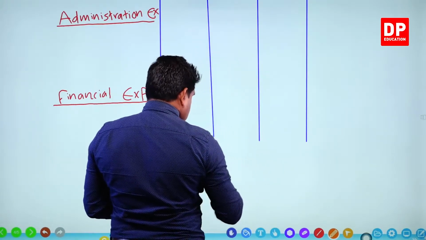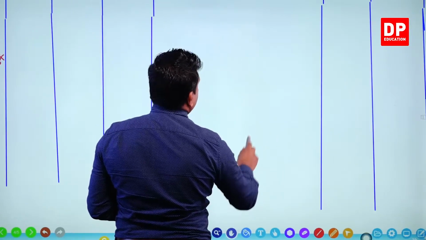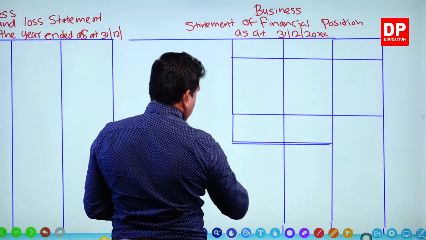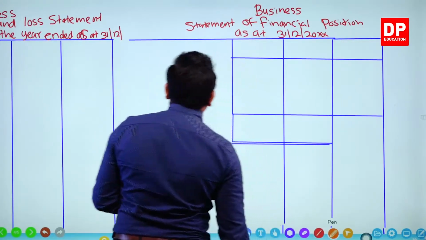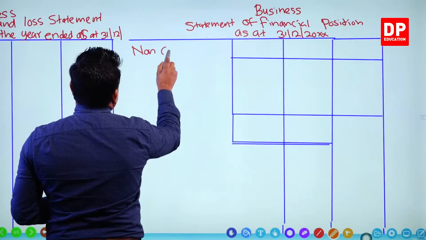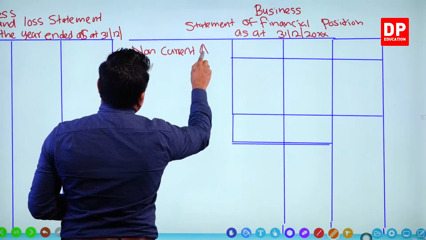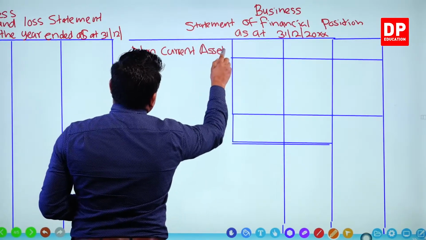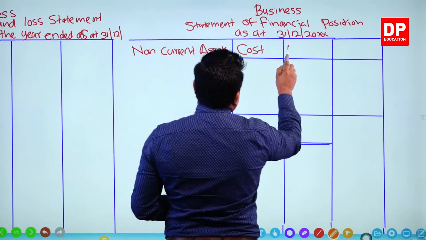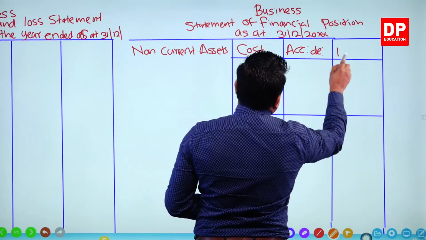Then we can classify other details in the statement of financial position. On the top we write non-current assets. Here cost, accumulated depreciation, net book value, NBV.